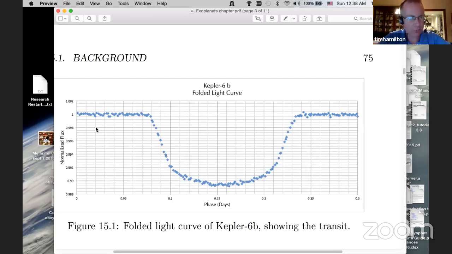And you'll see this very nice smooth looking plot here, and how you get this kind of a rounded bottom, and it comes back out, and then we see the star at full brightness. So we normalize it so that the average brightness of the star is simply 1. And then when the planet crosses in front of the star, it dims, and we can see the fraction of the normal starlight decreasing. In this case, it dims by about 1%.